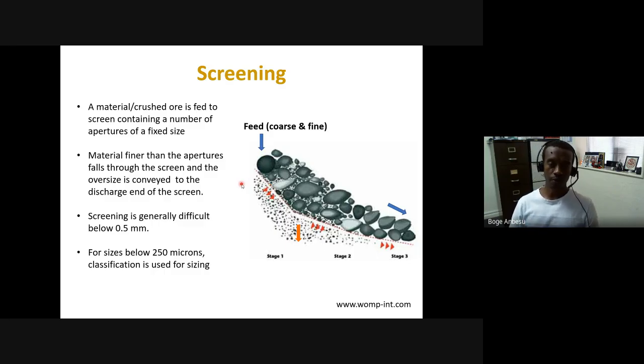So we use grizzlies for that purpose, because we know we're feeding them 1 meter rock or 1.5 meter rock, and they need to be strong enough to stand the pressure of very large rocks. But for places where you have sticky rock or sticky particles, you might consider doing wet screening, okay, and things like that, or you might apply vibration. So obviously where you use what screen will depend on the specific application that you have in mind as well.